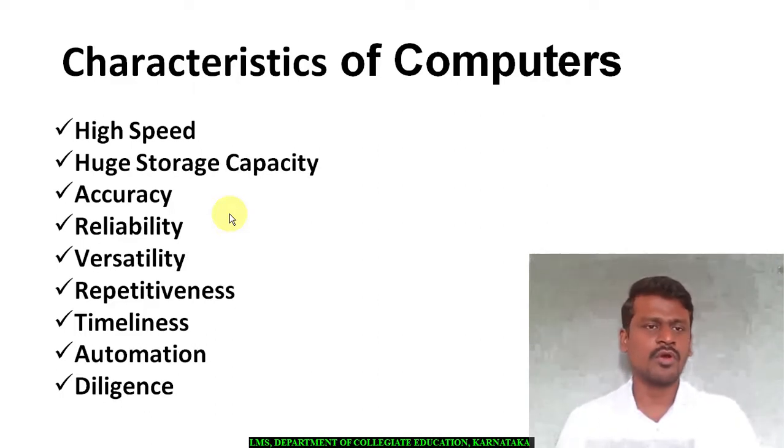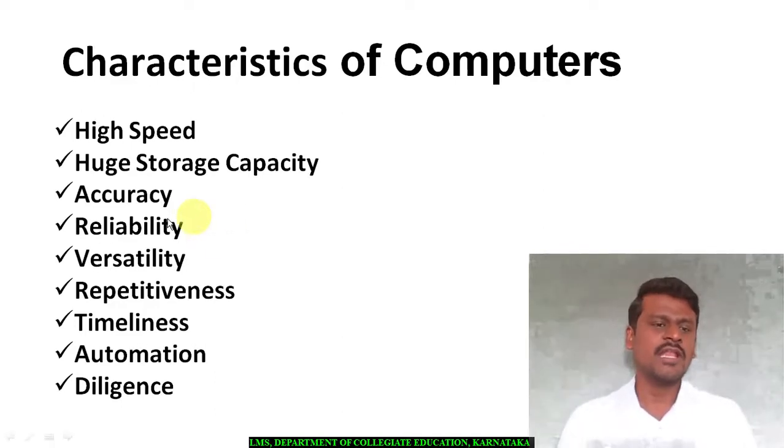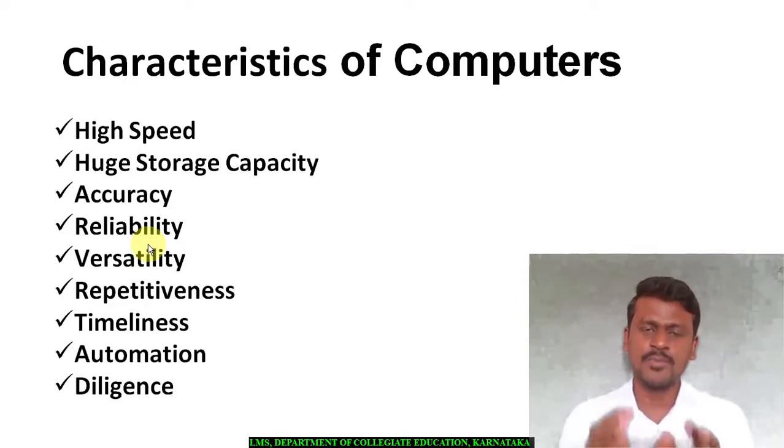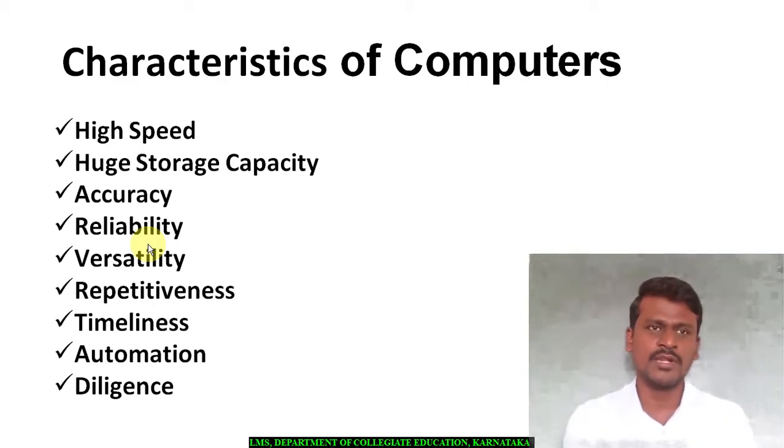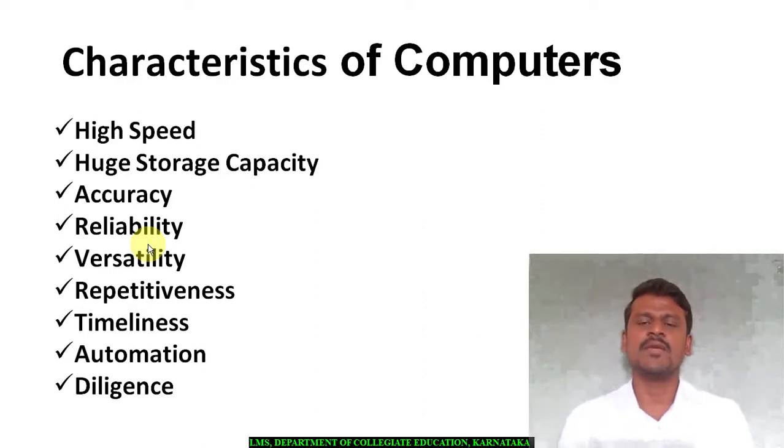Means input, if you give it wrong, the result will also be wrong. So how reliable are the programs written in the computer? If you give a computer any calculation to do, and the program or procedure for that calculation is written wrongly, it will not be reliable.